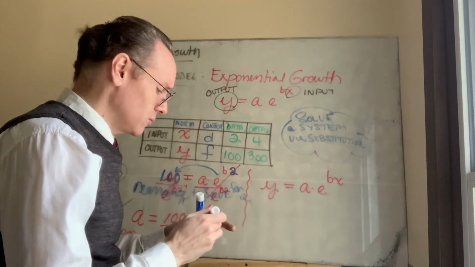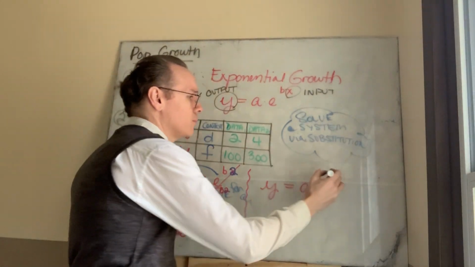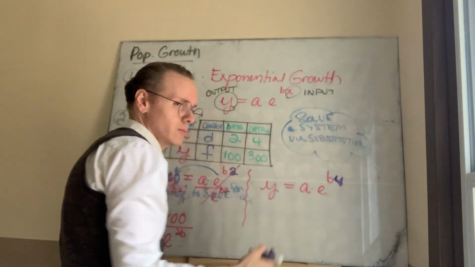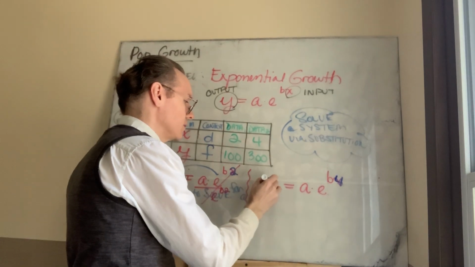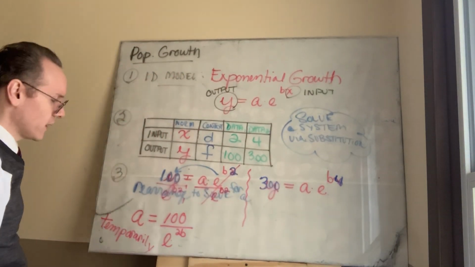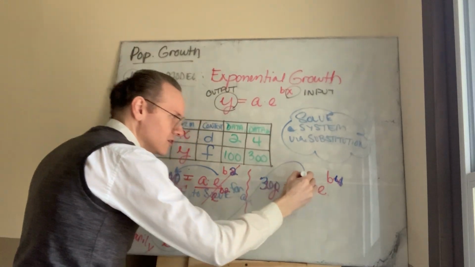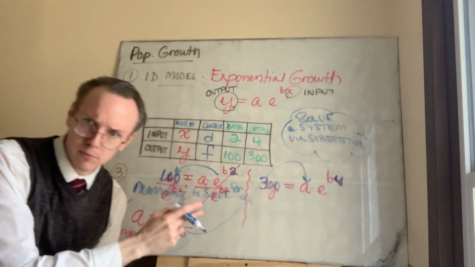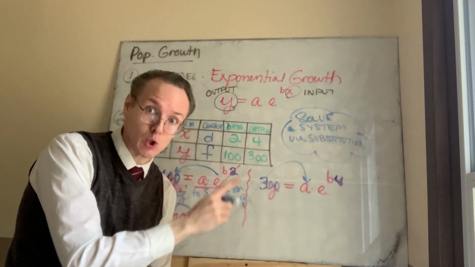Simultaneously, what we're going to do is take data set 2 and put the values in the appropriate places. 4 would be standing in place of x here, and y would be 300 here. I'm now going to substitute what A is into this equation, because that will enable me to solve for B. I will eventually get an actual number.